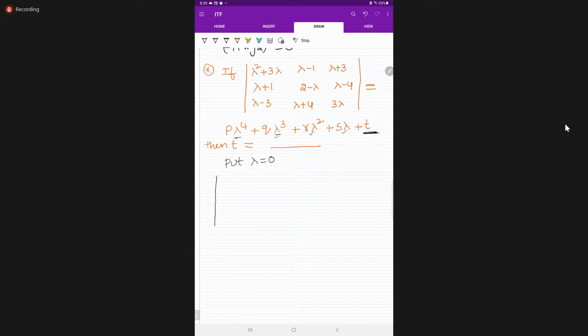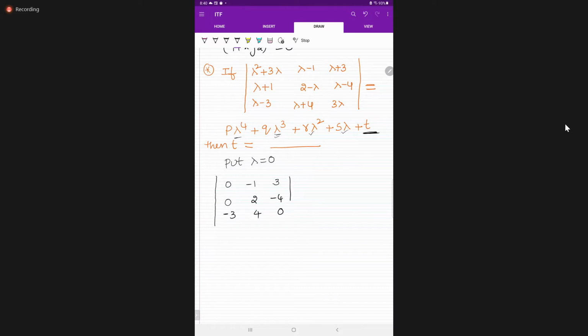This is 0, minus 1, 3, 0, minus lambda, sorry, 2, right? Plus 2. 2 minus 4, minus 3, 4, 0.